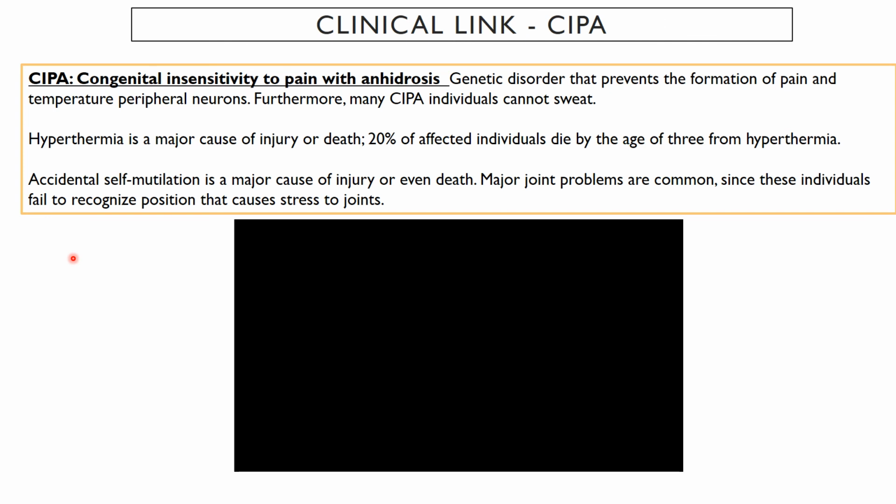Pain is the key to knowing that you are actively injuring yourself. It's also the key to telling you to not do those things in the future. It is the negative reinforcer to say, you know what, stoves are hot.